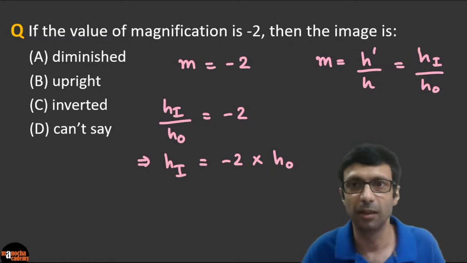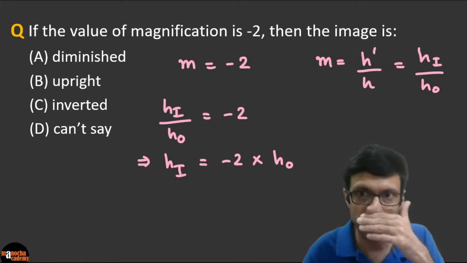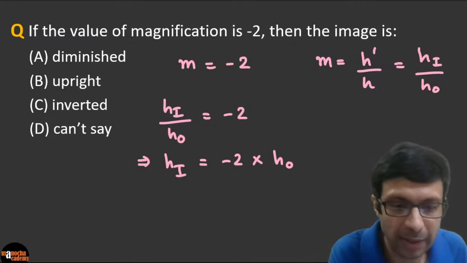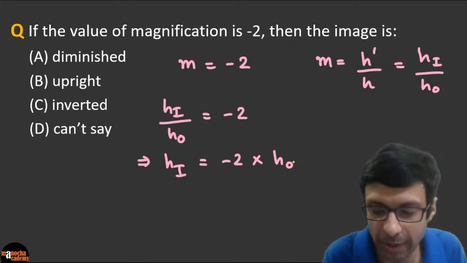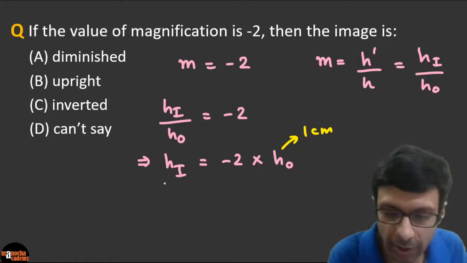I'm showing you a very simple way of how to look at this question. Please try, guys. Just work it out mathematically. Let's say you take the object height to be 1 centimeter, just to make it easy. So what will our image height be?